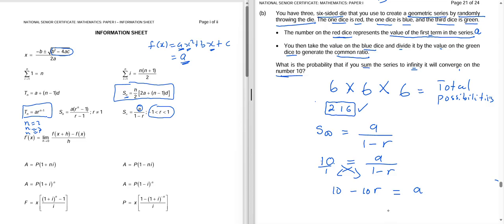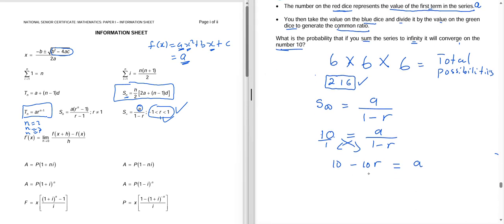Now, the idea now is to check on the ratio. So let's make r the subject, because we will just see what's going to happen there. So we're going to throw this to this side, and then we throw a to this side, meaning we have 10 minus a is equal to 10r, and then we divide by 10, we divide by 10.